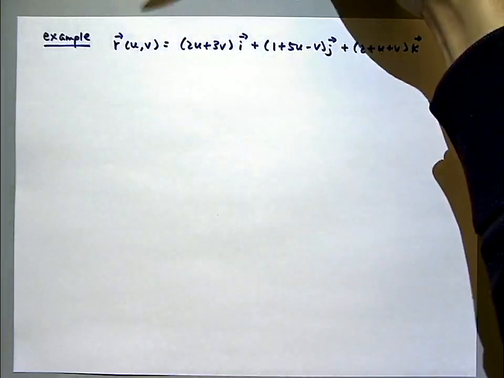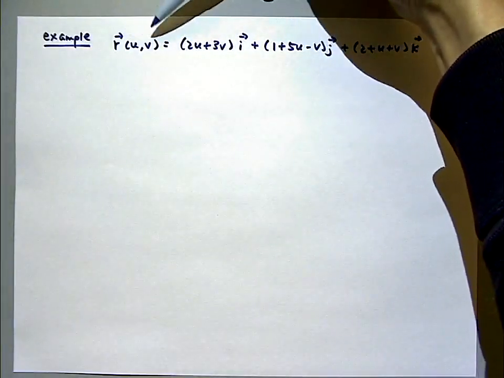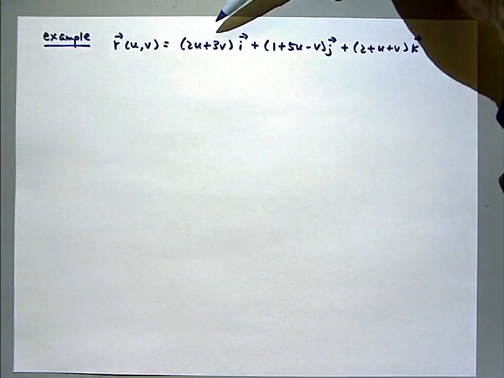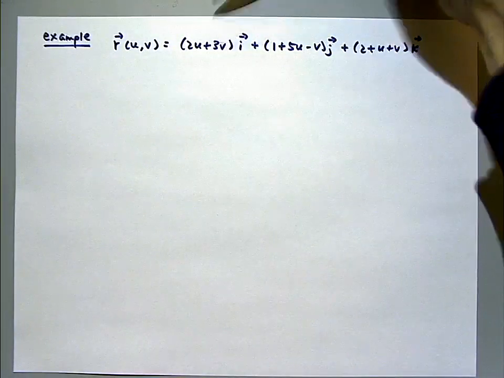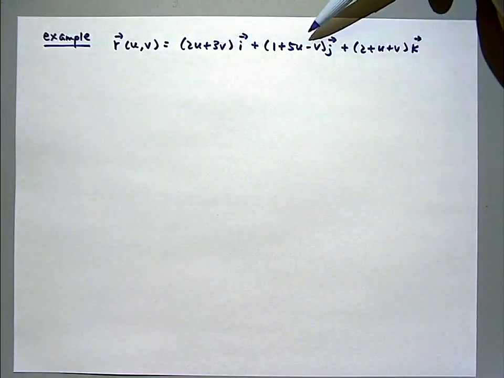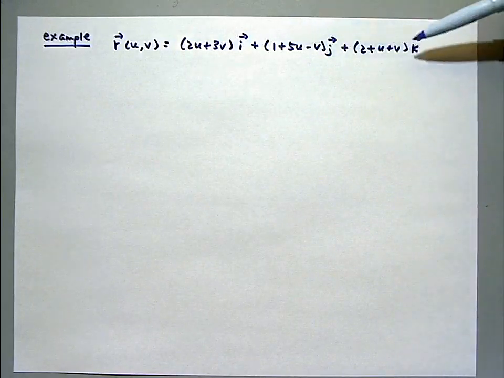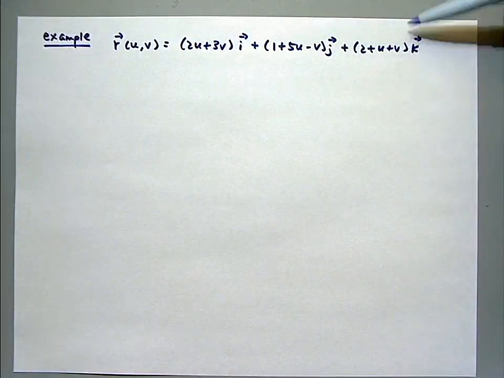We know it's a surface because we have 2 parameters, and the x component of that surface is 2u plus 3v, and then 1 plus 5u minus v for y, and 2 plus u plus v for z.